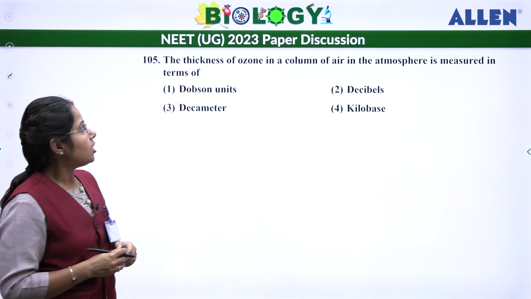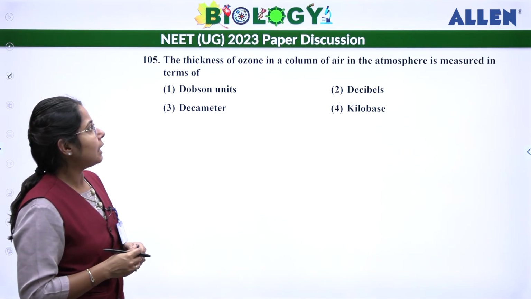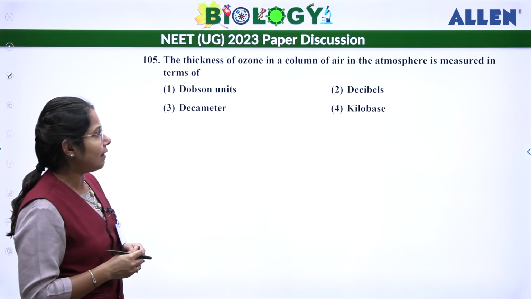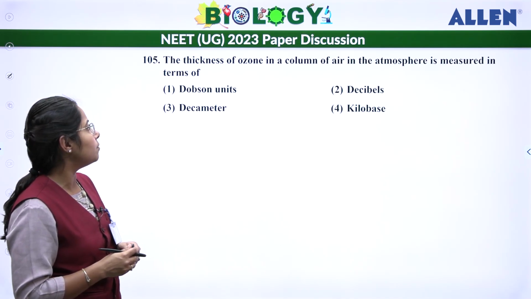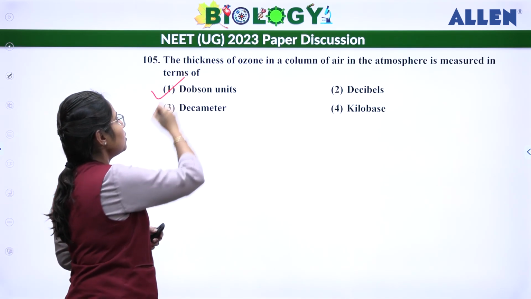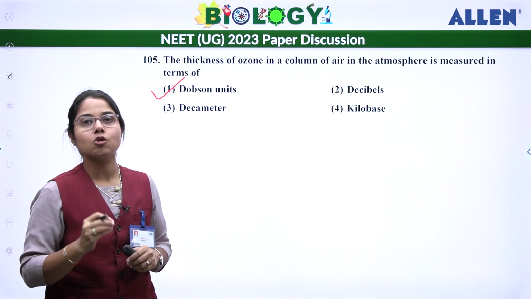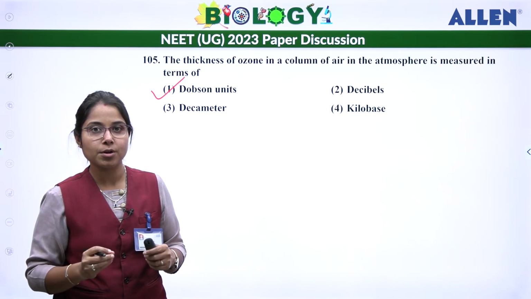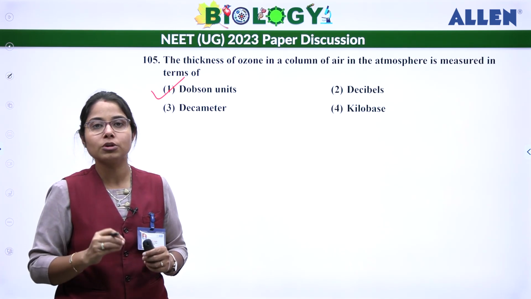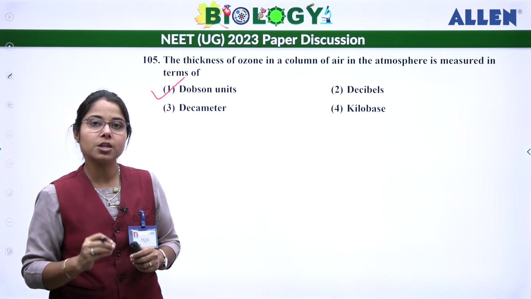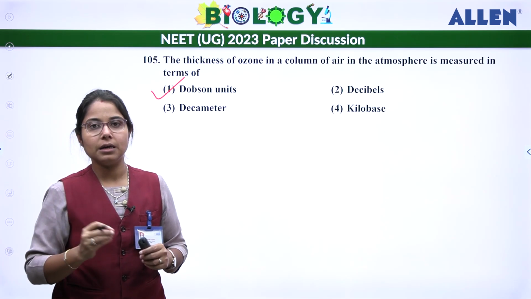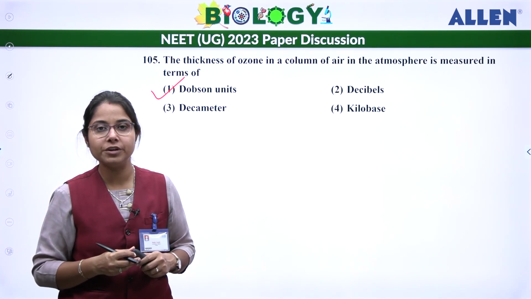Next question. Now the thickness of ozone in a column of air in the atmosphere is measured in terms of Dobson unit. So Dobson unit is the unit for measuring the thickness of ozone present in the atmosphere. We know in the stratosphere the ozone layer is present, which is responsible for protecting the earth from harmful UV radiations.